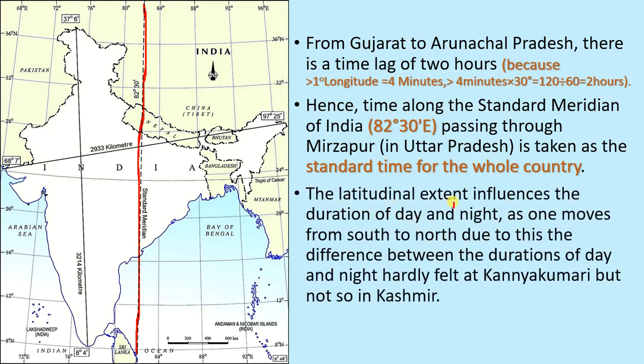The latitudinal extent influences the duration of day and night. As you know, as we move from the equator to the poles, the earth receives slanting rays.